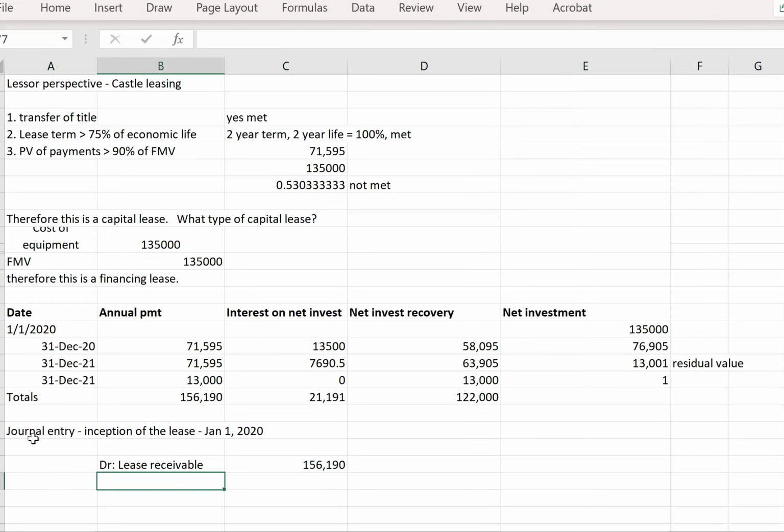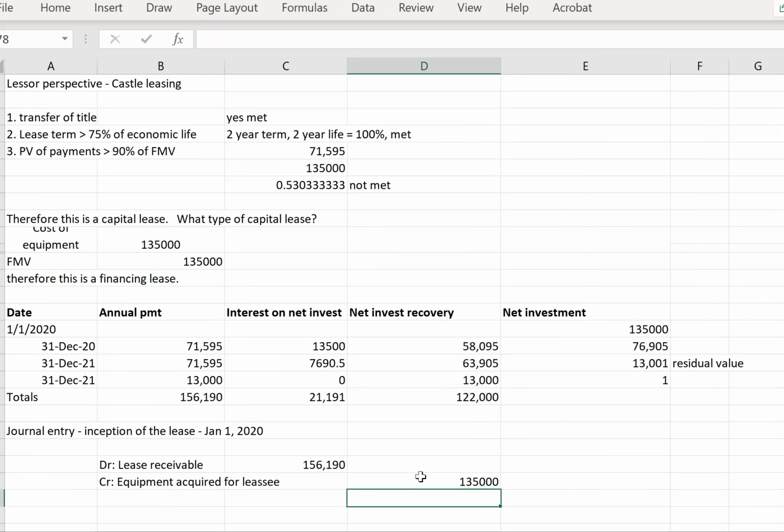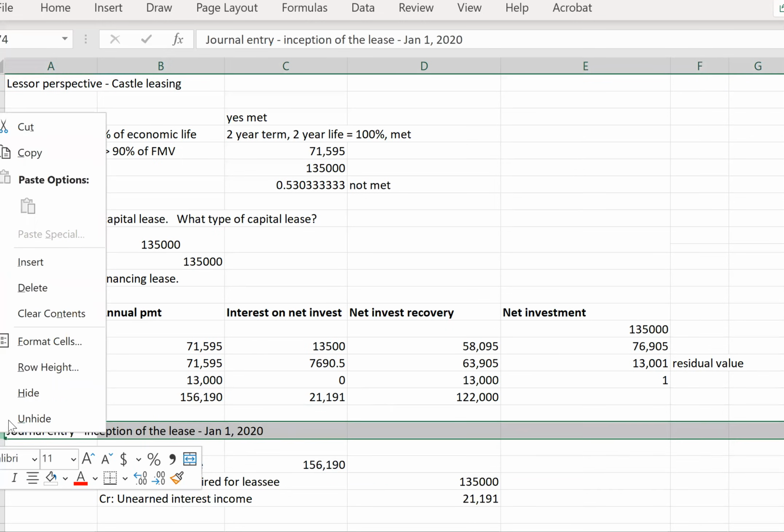And we're going to have credit equipment acquired for lessee, which is going to be 135,000. And we're going to have credit unearned interest income. And this is going to be the amount from our schedule here, this 21.